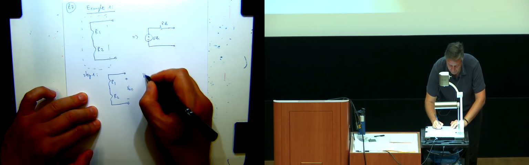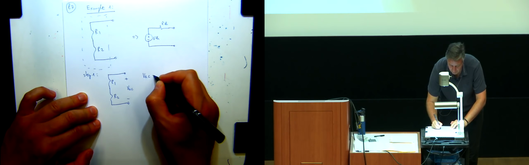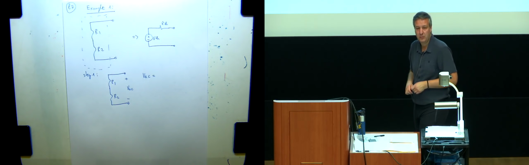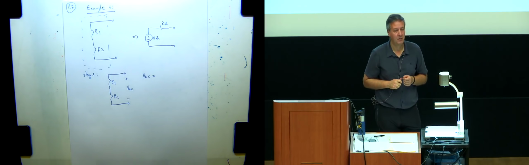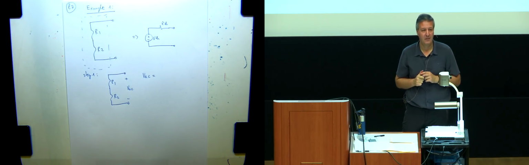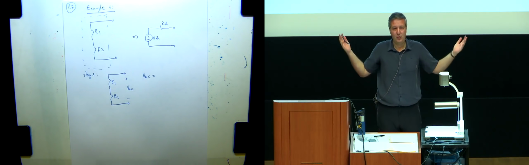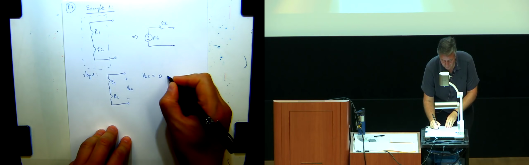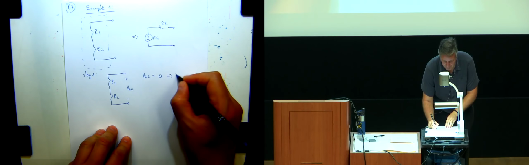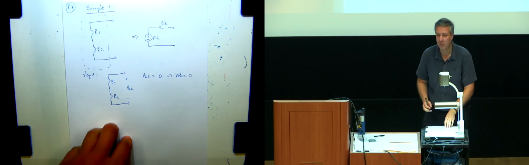What is the open circuit voltage in this case? What's the voltage between these 2 points? 0. There's no source, right? So that means V Thevenin equals 0.